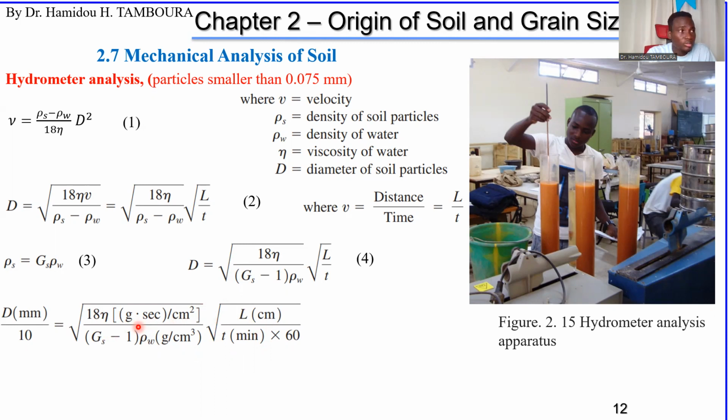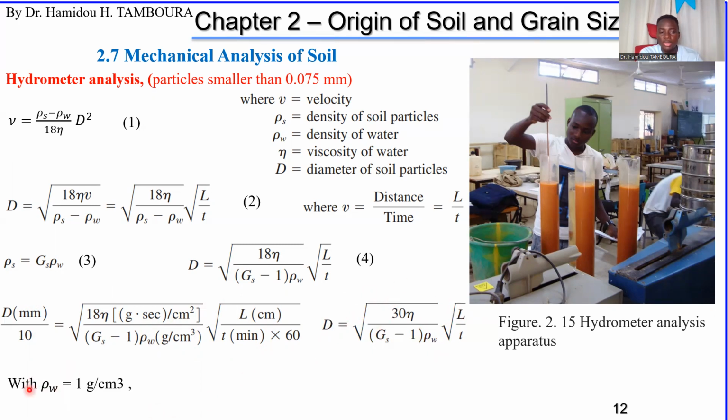So to convert this diameter from centimeter, we have to multiply it by 10 to convert it to millimeter, because we want the diameter in millimeter. And then if you arrange everything, you will get this formula. D equals all this.